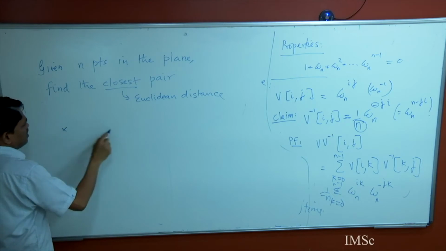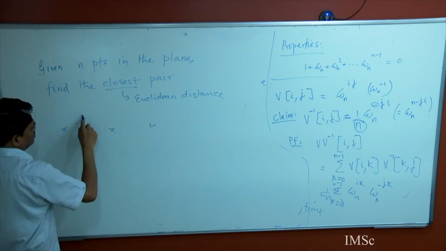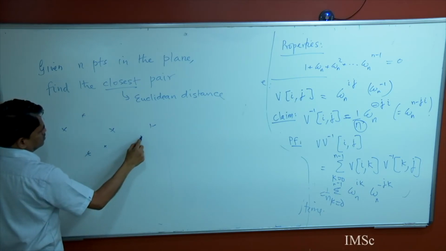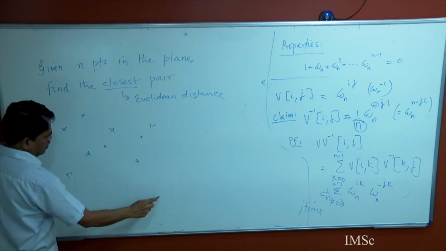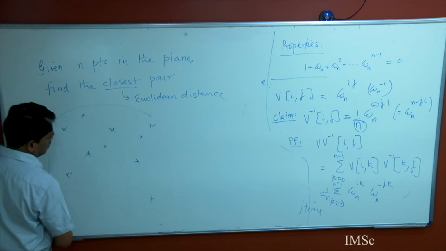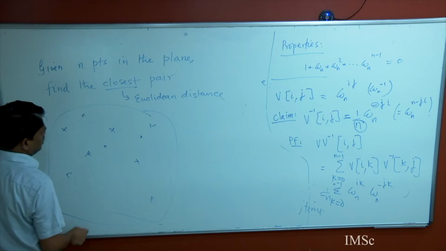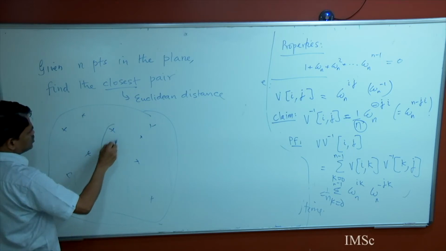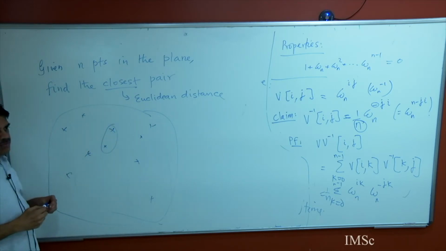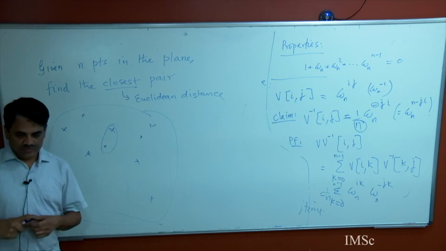Right, so I have these points like this. So these are some n points given to me. Maybe this is the closest pair. I want to find that pair and the distance as well.